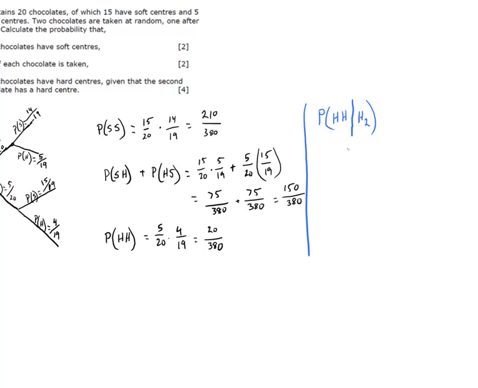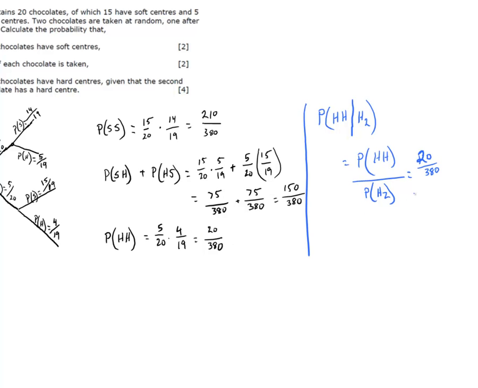Well, that is equal to the probability of hard and hard divided by the probability of the second being hard. The probability of both hard is 20 out of 380. That was that final calculation we just did.